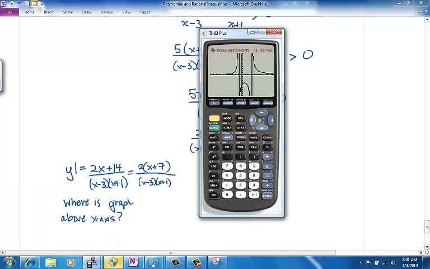So if I change my window a little bit to not see so much of the y values, we'll probably be able to see that a little better. We can see that the graph crosses out here.